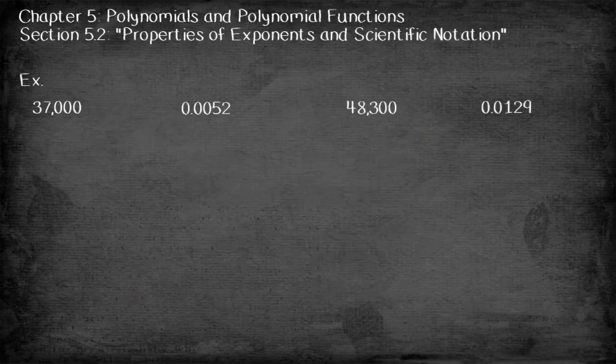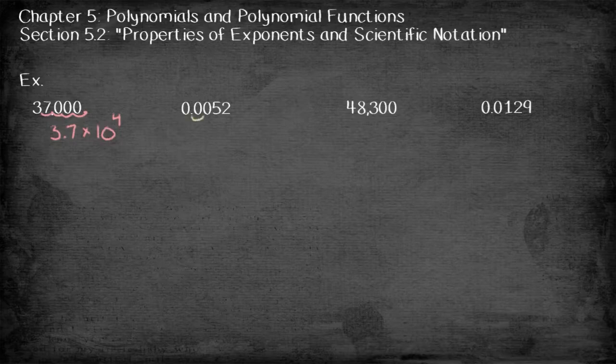Some examples, we want to convert these to scientific notation. For the first number, I move 1, 2, 3, 4 places to the left, so I'd end up with 3.7 times 10 to the 4. Okay, how about the next one?